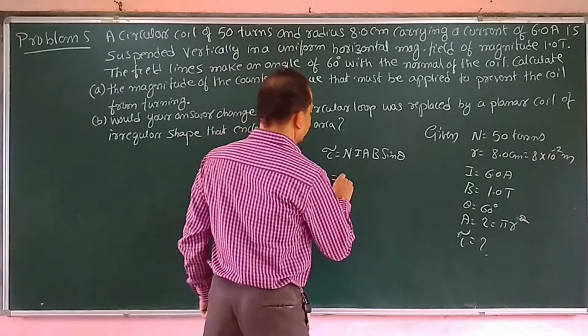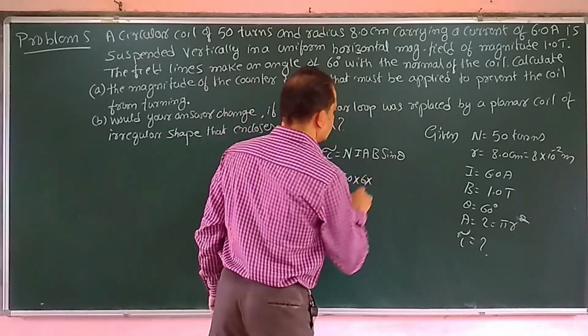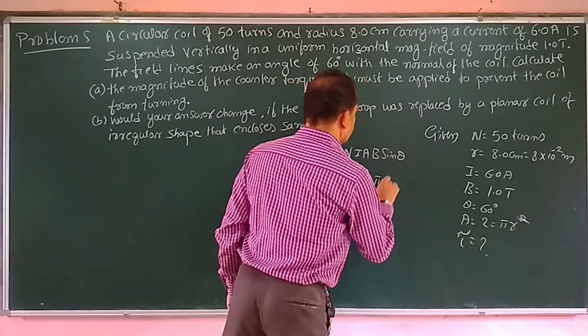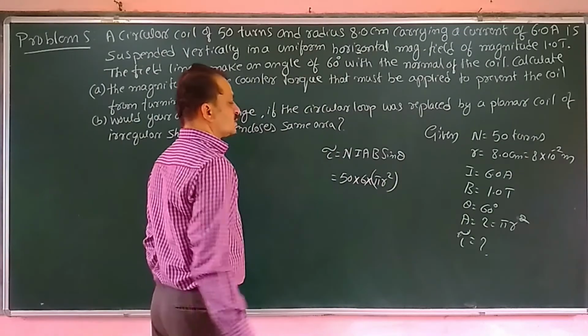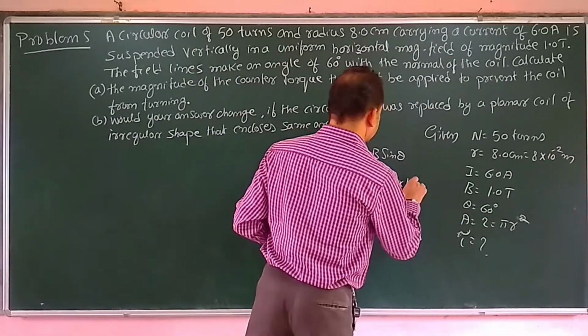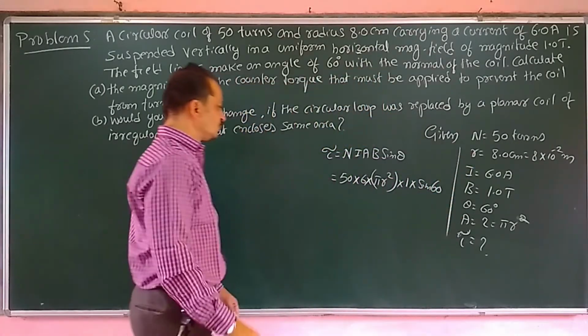Now N is 50, current I is 6, and area is pi r square. I am substituting pi r square into B magnetic field, it is 1 into sin 60.